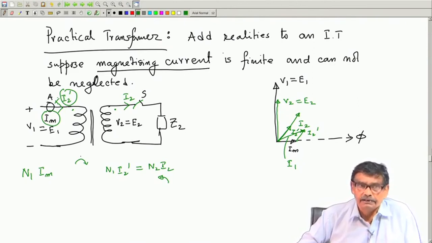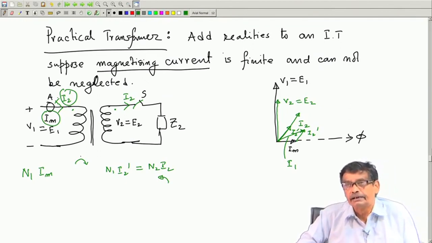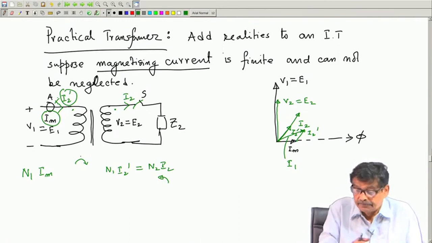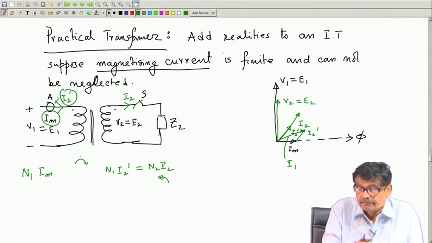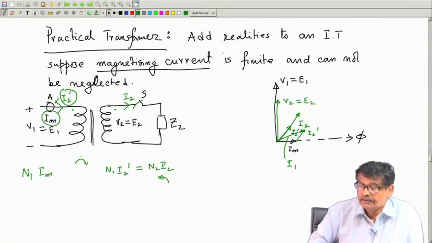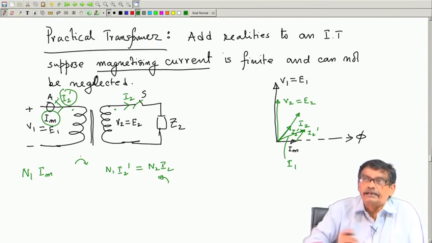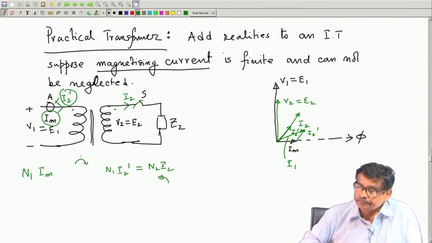I mean that I will add some parameters, some components in an ideal transformer, so that whatever I have seen is happening in a practical transformer, the components added to that ideal transformer will explain that thing correctly. That is the idea.